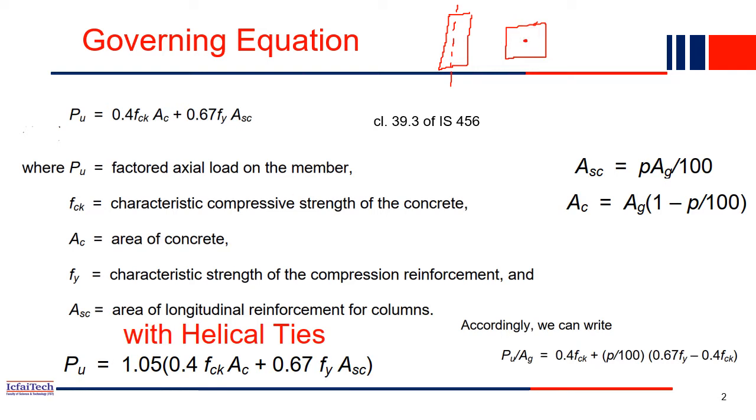The code has specified a 5% area here. Although the load is acting in this region, it is actually 5% of B and 5% of D. This entire length is B and this is D. So 5% of B is this one, 5% of D is this one. Even if the load is applied in this region, then also we will consider this an axially loaded column.